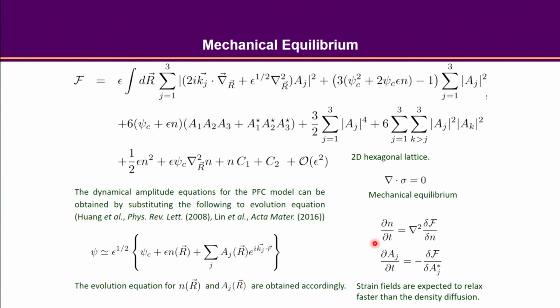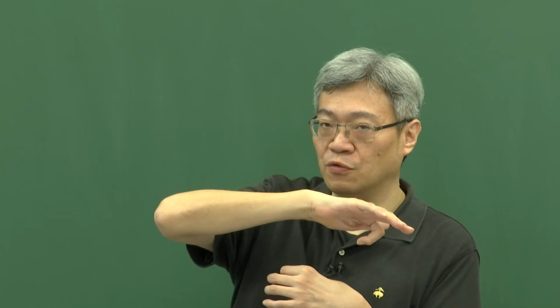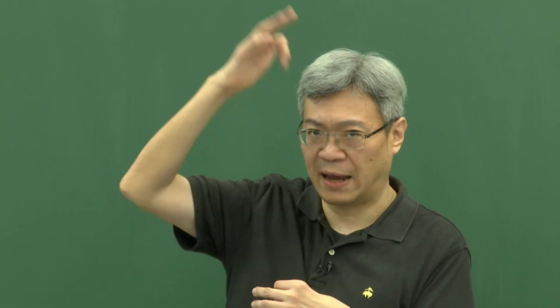I did this ATG instability back in 2009, I think. And back then, I only used the very simple PFC model to model this ATG. There, I have a solid-liquid interface, and the interface is going to undulate, right? But doing so actually requires mass diffusion happening on the interface. But in order to have this ATG, you are requiring that in the solid, the local mechanical equilibrium should be achieved at all times.